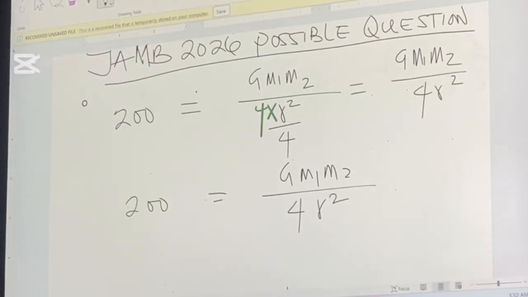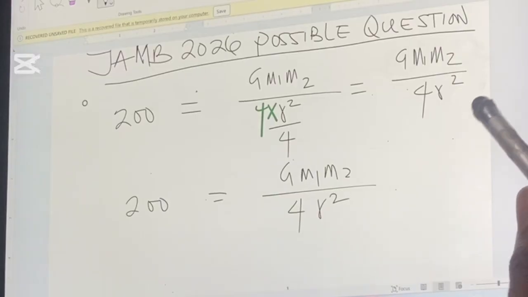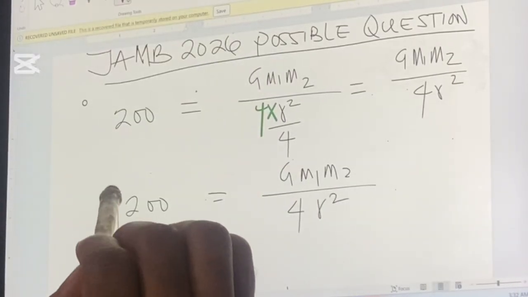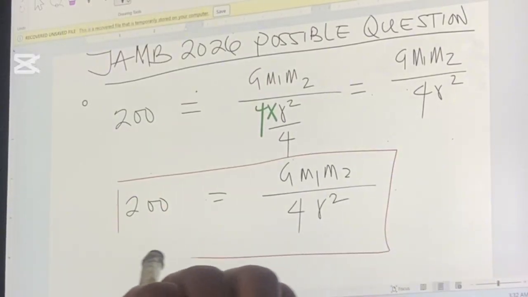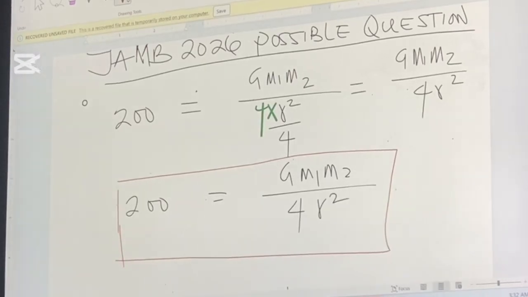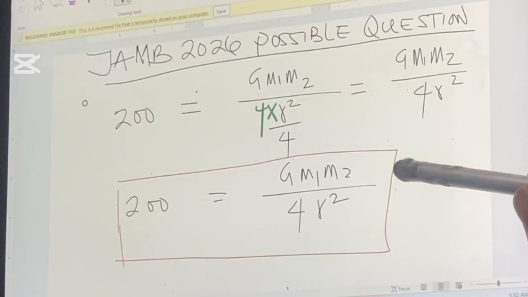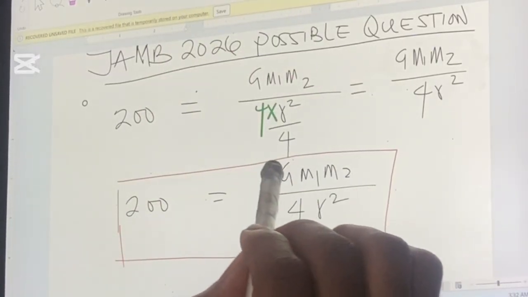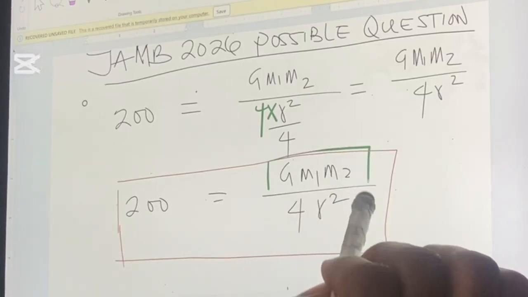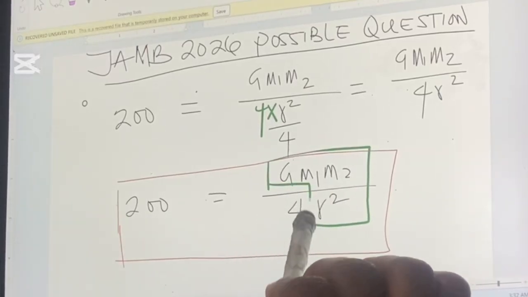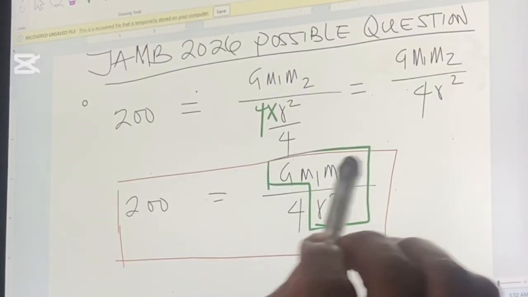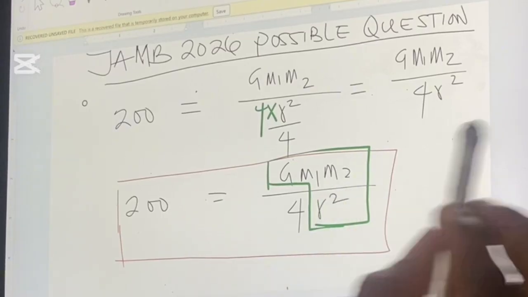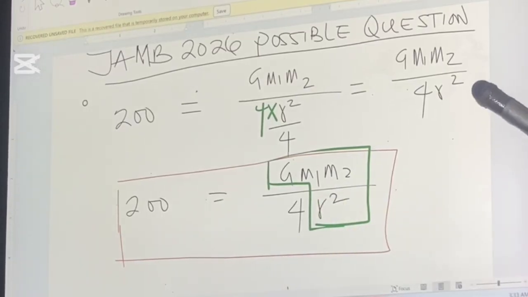Please take note. From this expression, remember that G m1 m2 over r squared is F. So anywhere I see G m1 m2 over r squared, we say that is F. That is the gravitational force. Please take note.